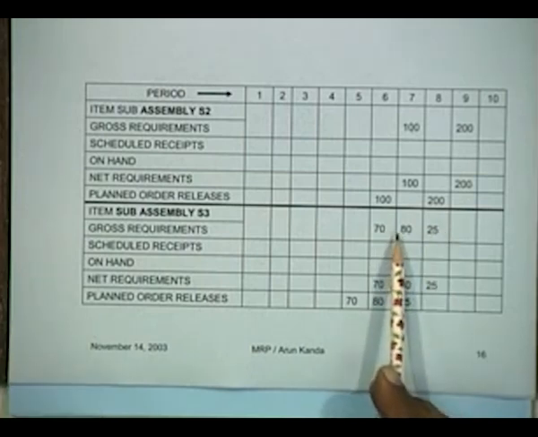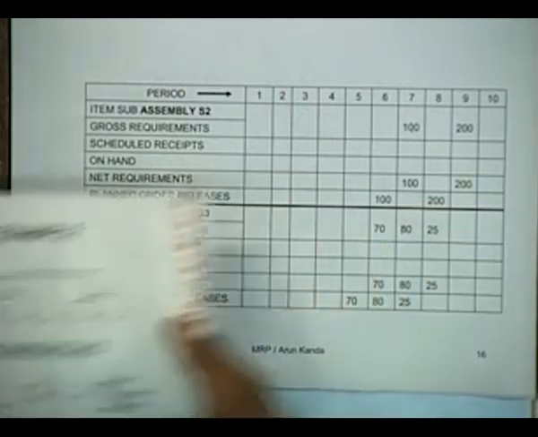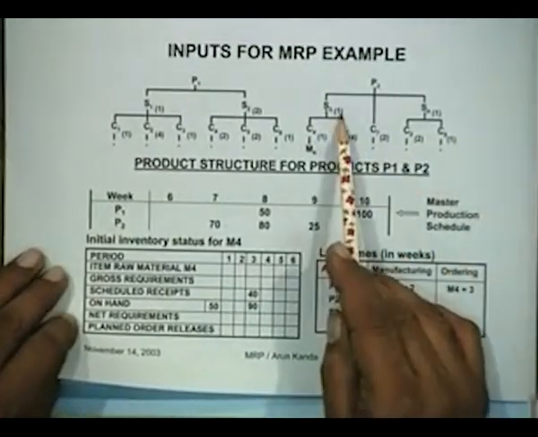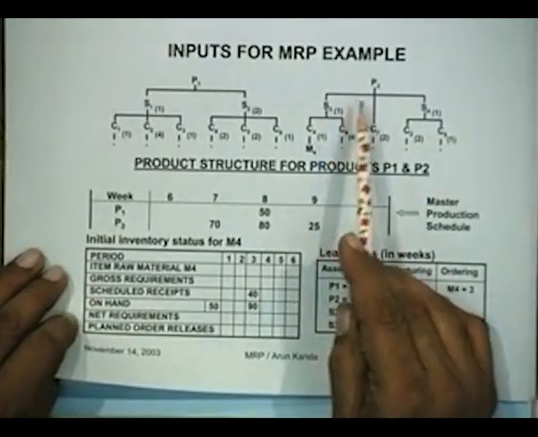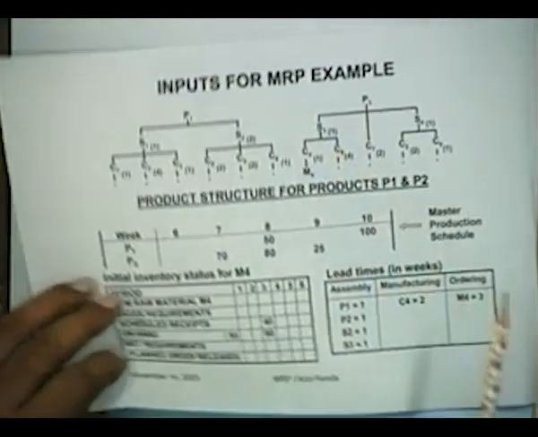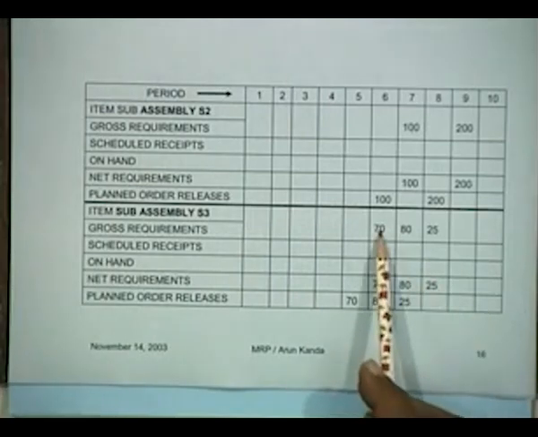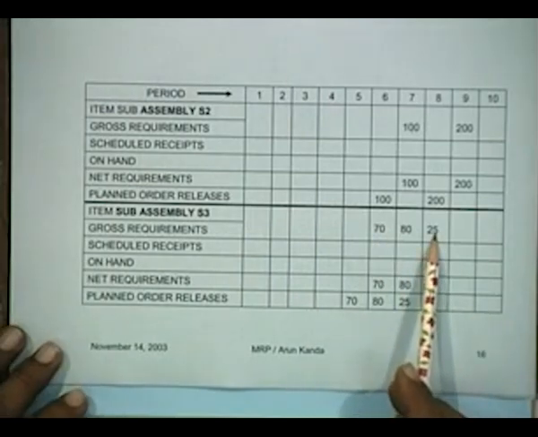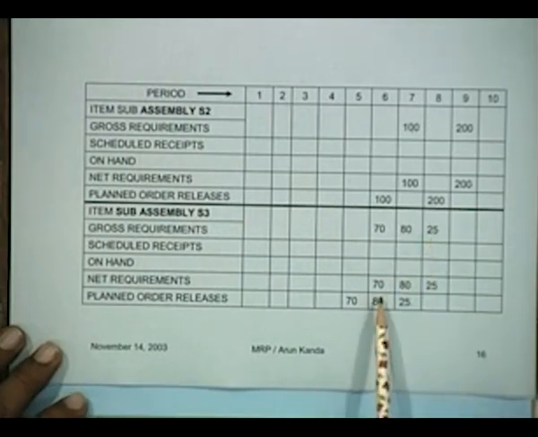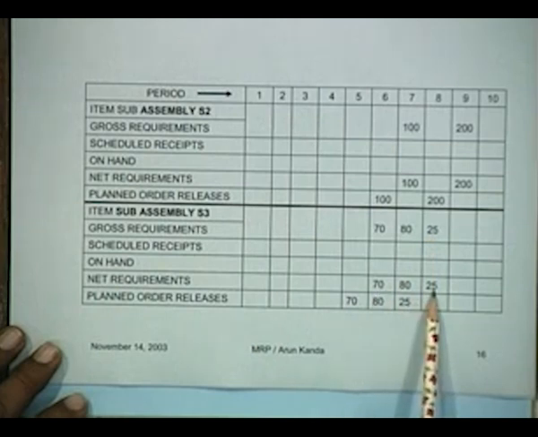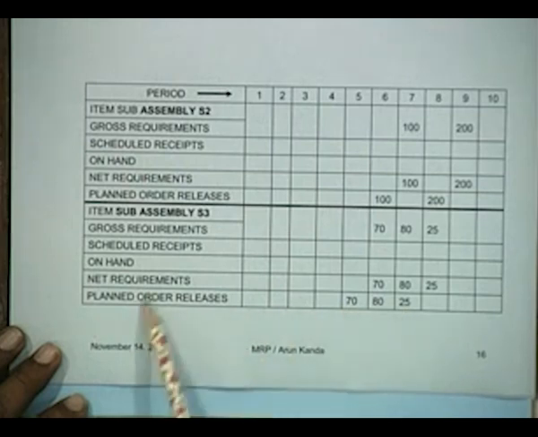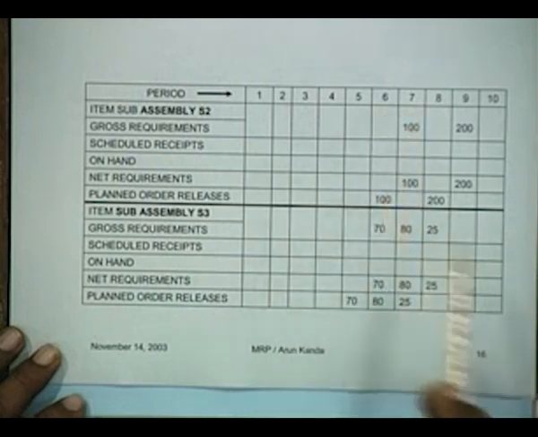Now for subassembly S3, you require only 1 unit for each product. So these are the requirements of the parts P2 which come as it is, and then you can determine the net requirements and offset it by 1 week. So the planned order releases for the subassembly S3 will be 70, 80 and 25 in the period 5, 6 and 7 respectively.